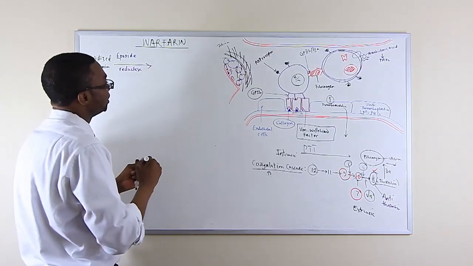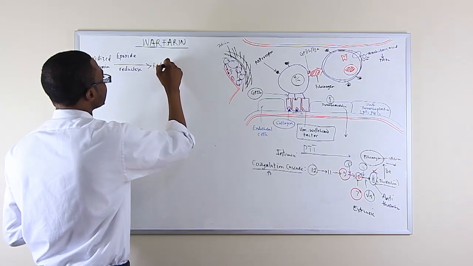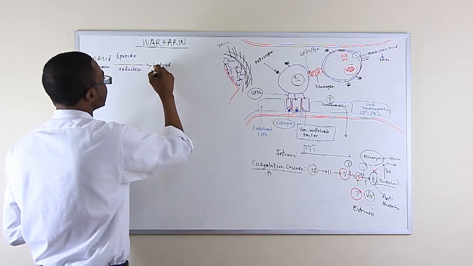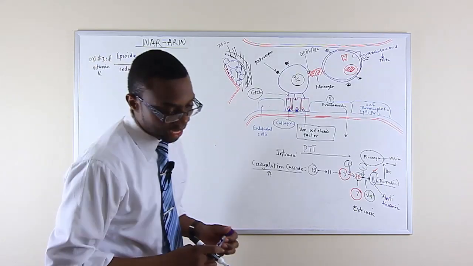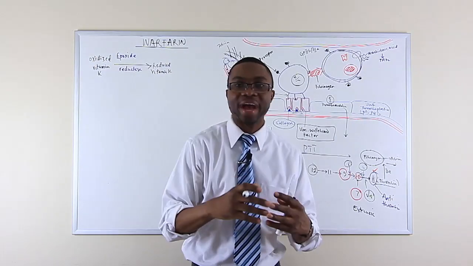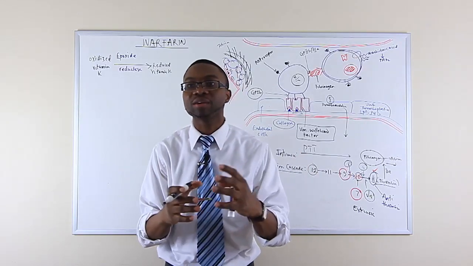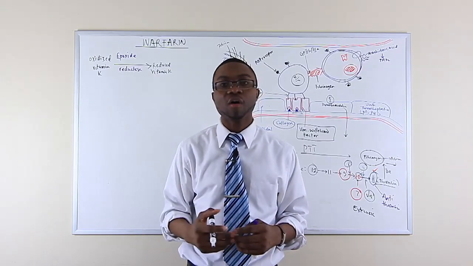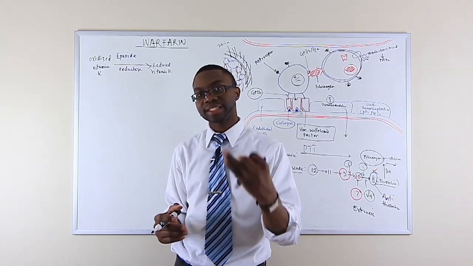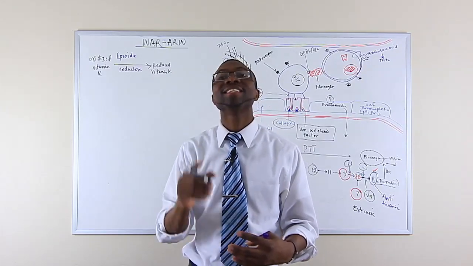And then we have a reduced form of vitamin K. Now, this vitamin K is going to act as a cofactor, right? It's like a co-founder. It's a cofactor that now takes the precursors of factor 2, factor 7, factor 9, factor 10.